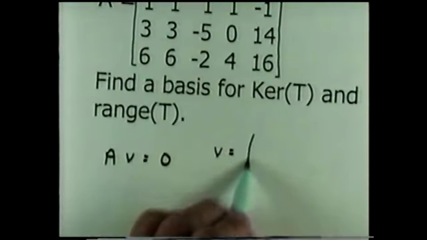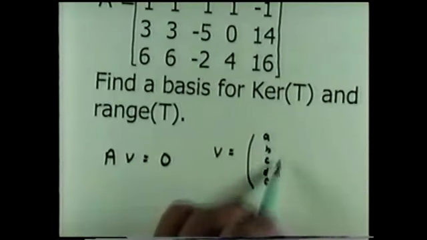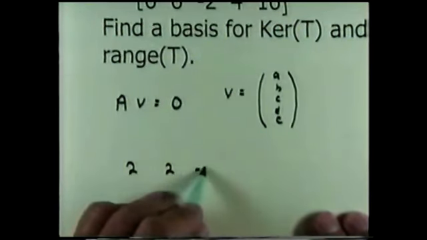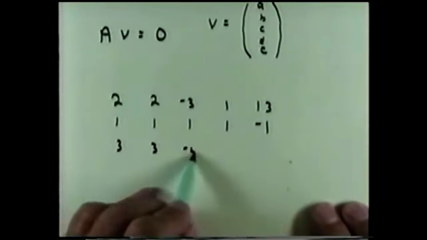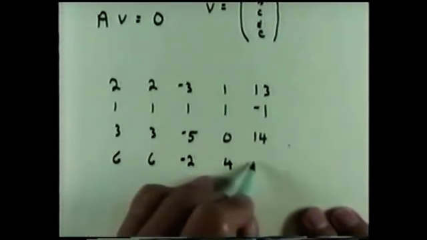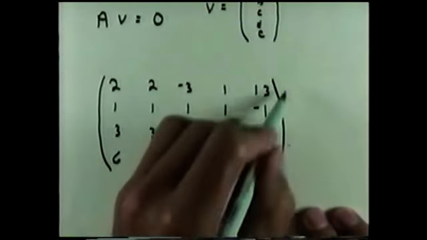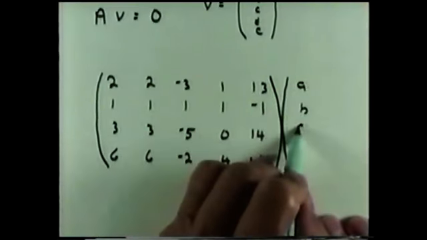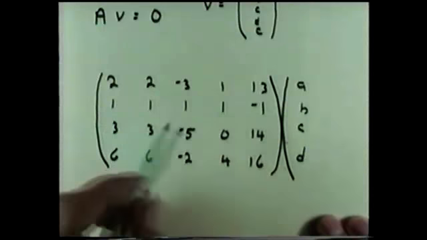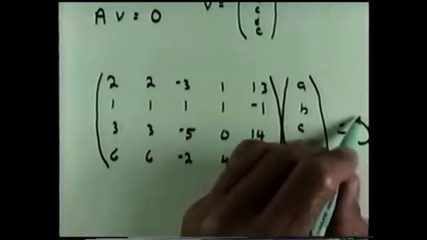So if v is equal to a, b, c, d, and e, then I would want the matrix A with rows 2, 2, negative 3, 1, 13; 1, 1, 1, 1, negative 1; 3, 3, negative 5, 0, 14; 6, 6, negative 2, 4, 16, times the vector a, b, c, d, e, is equal to the 0 vector.